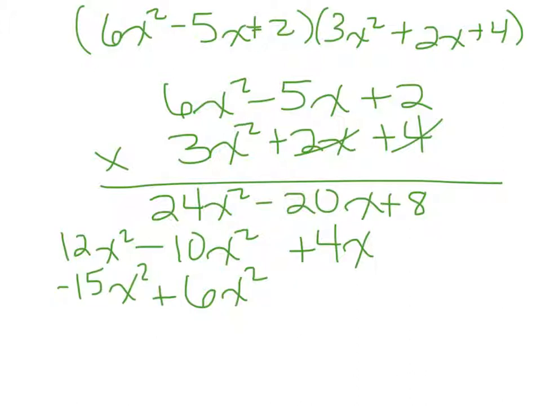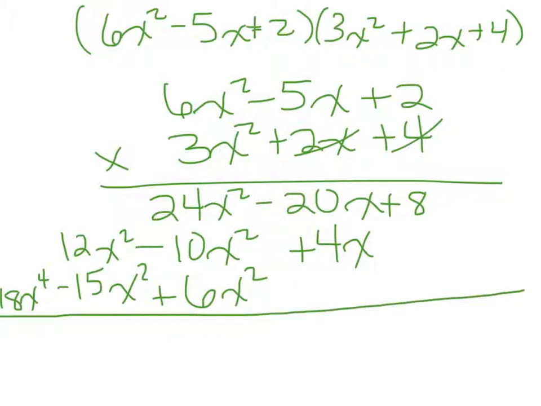And then finally, we're going to do our 3x squared times our 6x squared, which is going to give us 18x to the 4th. All right. So now, again, just like we did before with the other problems, we are going to draw our line and add.